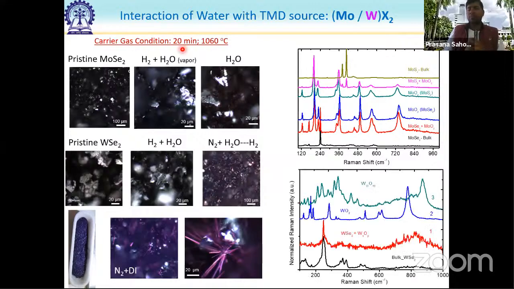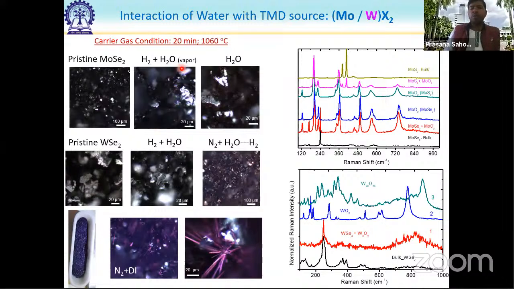Before going to the mechanism, take a bulk powder like MoSe2 and interact it with water and hydrogen. We use Raman spectroscopy, which, like IR, gives information about the fingerprint of a particular material, what type of material is there.